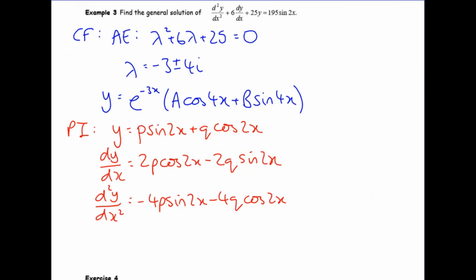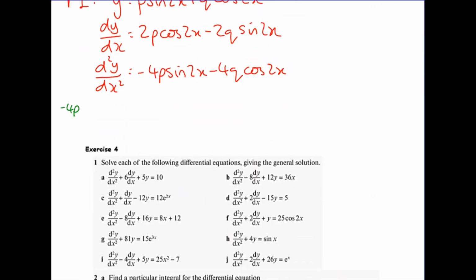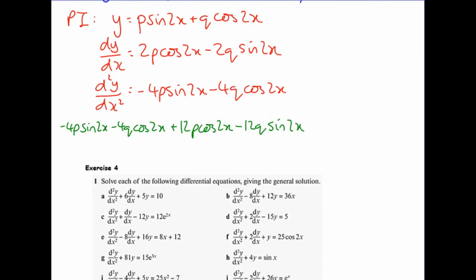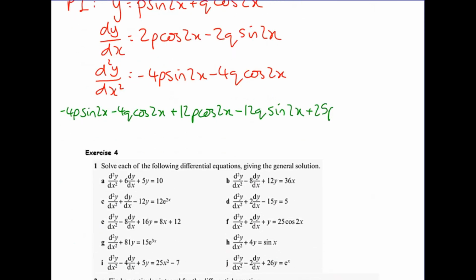So, d squared y by dx squared, minus 4p sine 2x minus 4q cos 2x, plus 6 dy by dx. So 6 times that is 12p cos 2x minus 12q sine 2x. And then plus 25y, plus 25p sine 2x plus 25q cos 2x, and that's equal to 195 sine 2x.